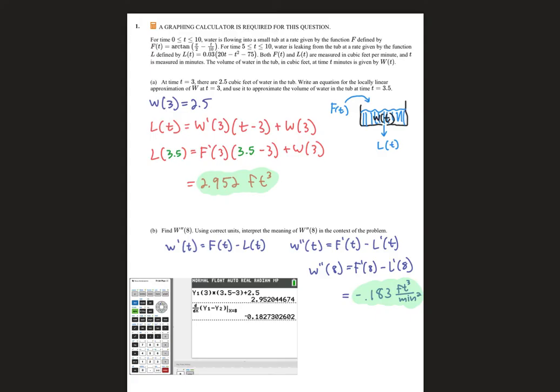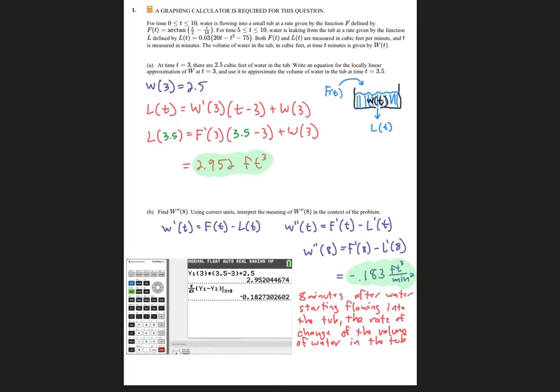So you could say something like 8 minutes after water started flowing into the tub, the rate of change of the volume of the water in the tub.